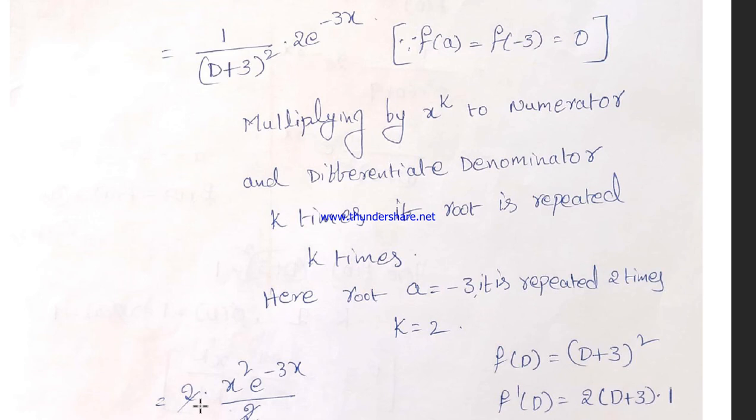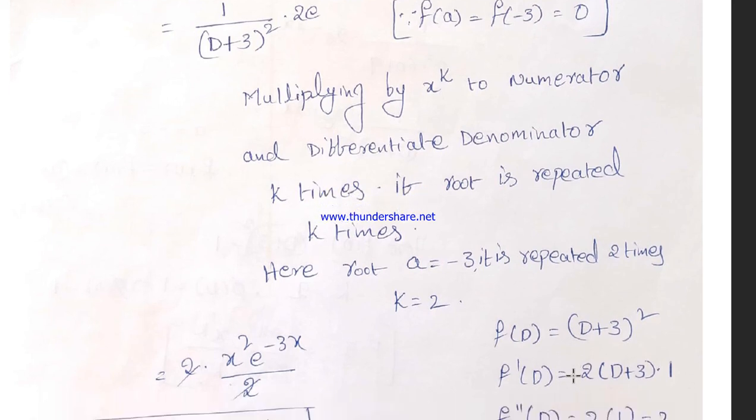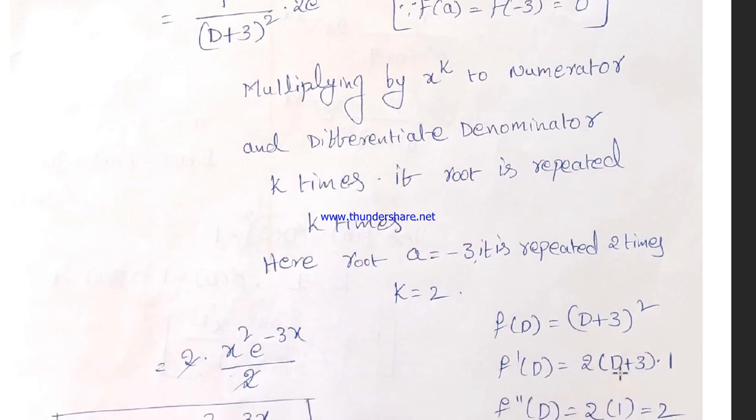So simply we are multiplying, 2 already constant is there, the numerator multiplied with x square, and the denominator differentiation, f of D is equal to D plus 3 whole square. So x square differentiation is 2x. Here first order differentiation is 2 into D plus 3 into D plus 3 derivative is 1. Next f double dash of D, because we need second order differentiation, that is 2 is a constant, D plus 3 derivative is 1.